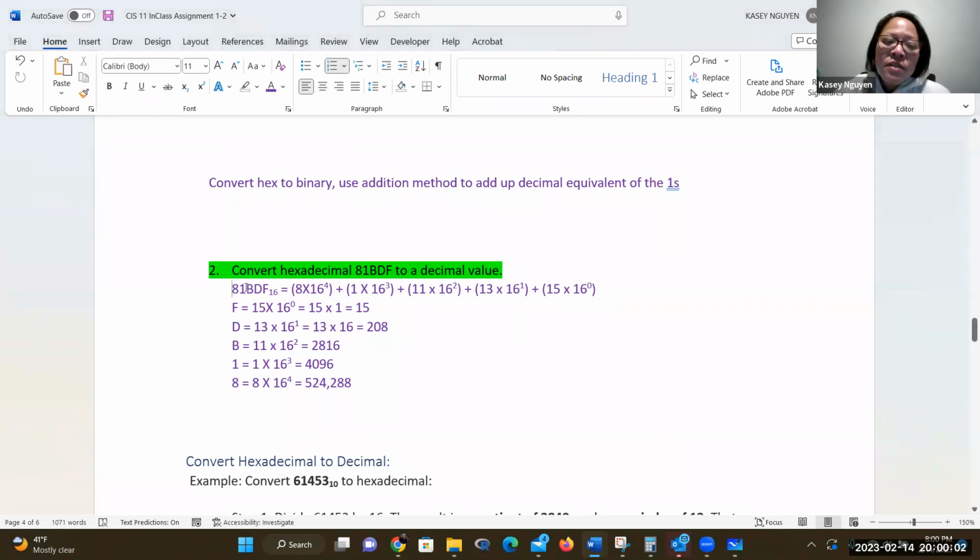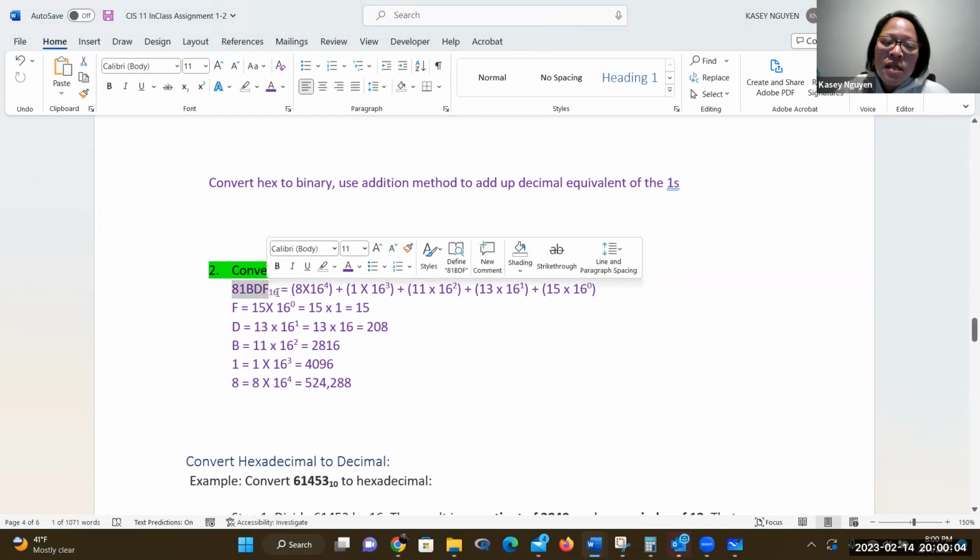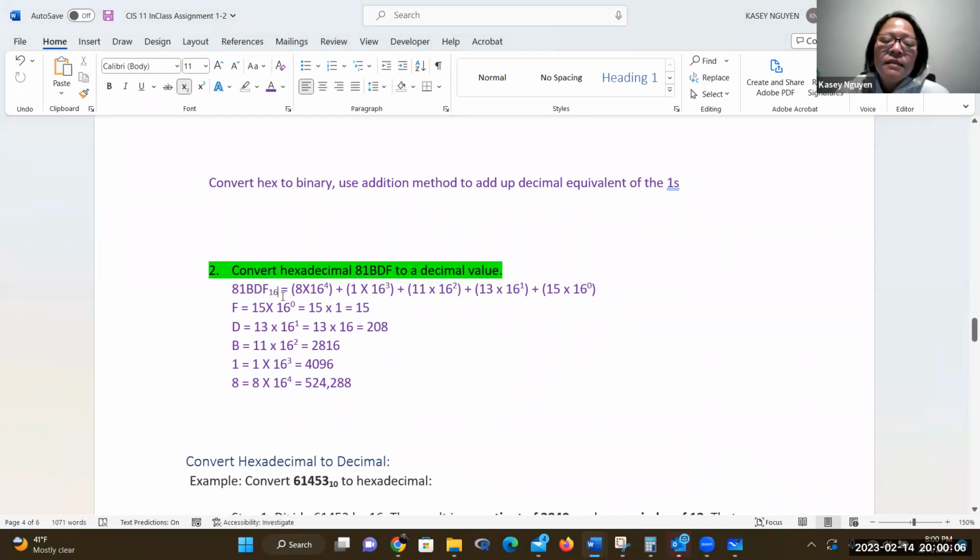So what you do is you take this value, and because it's base 16, you are going to start with the least significant value on the right, which is F. And F, we know that F is equal to 15.